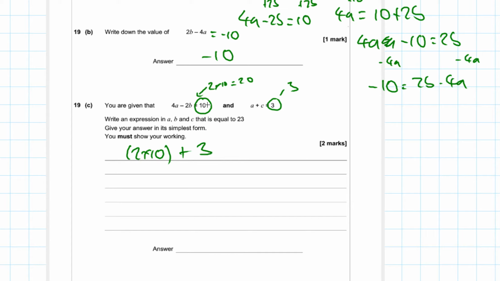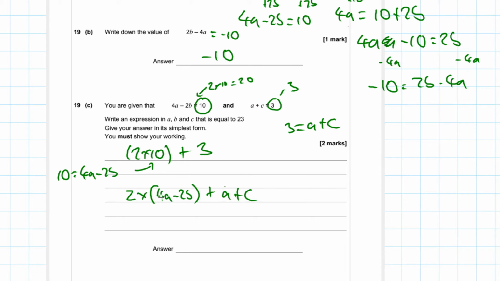Now we know that 10 is equal to 4a minus 2b. So we can replace that in here. So we can say that's 2 times 4a minus 2b. And we know that 3 is equal to a plus c. So then we can add a plus c.